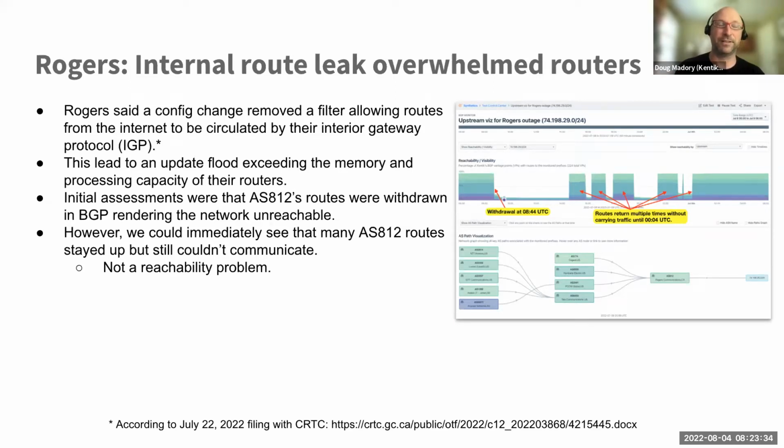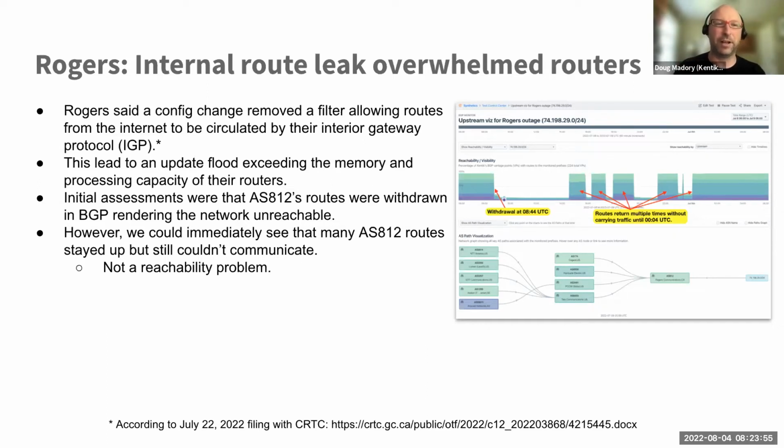Usually you have one protocol running inside your network that is figuring out how to route traffic within your network. That's your IGP. BGP, typically when we refer to it, we're referring to the exterior, like between ASs. And so they leaked everything into the interior gateway protocol.